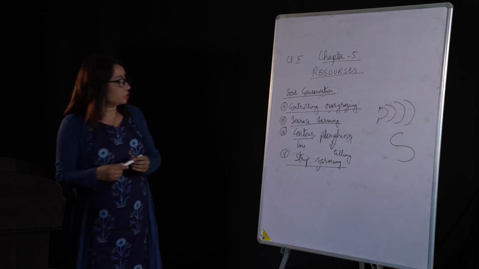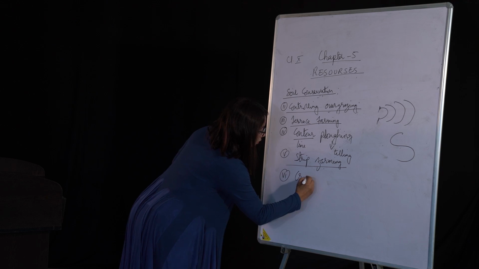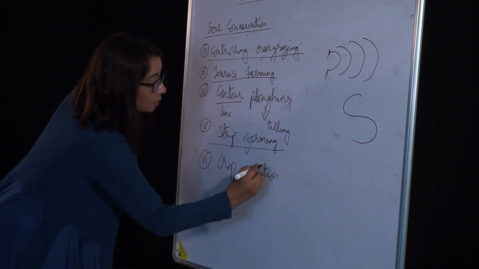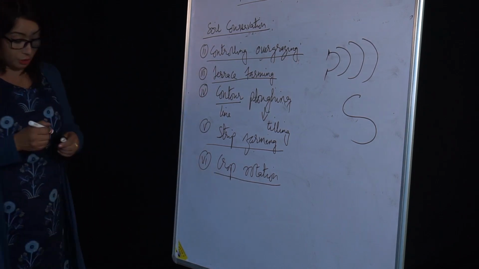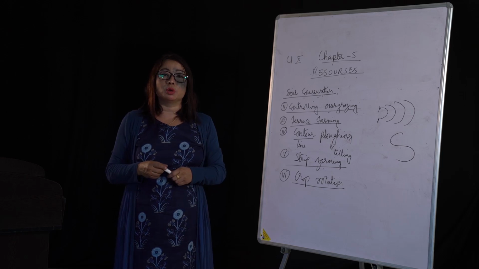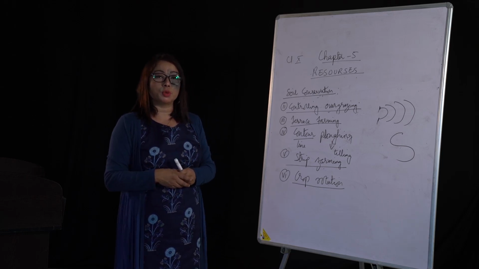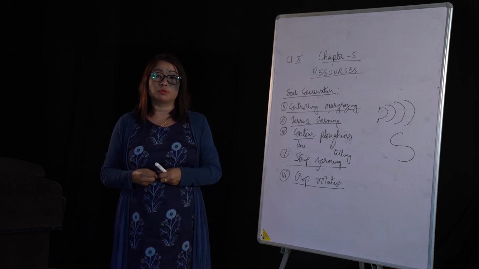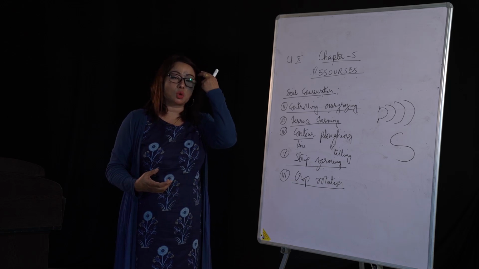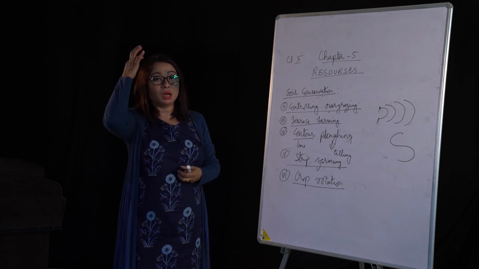Now the next one is crop rotation. Very simple, rotating crops and growing them on a field in a series. There are certain food crops which absorb the nutrients of the soil, and if you again and again cultivate that soil, then the nutrients are all absorbed and the soil becomes unfertile.